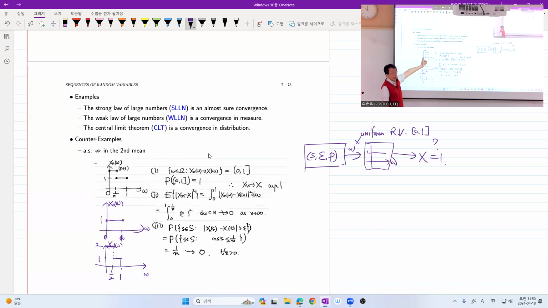First question: does this sequence of random variables converge to the random variable x equals 1 everywhere? Even though that is not important, as I told you. Let's warm up. Do we have everywhere convergence of this sequence of random variables to x equals 1 for all omega?